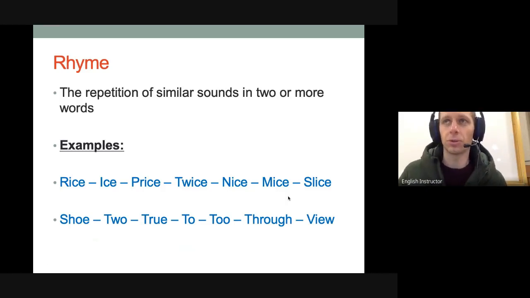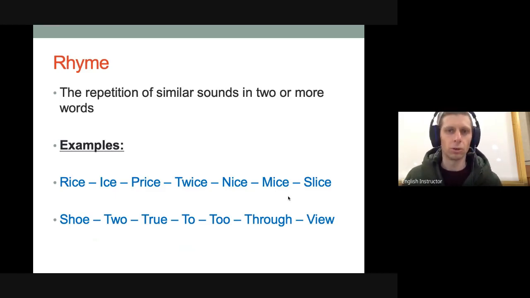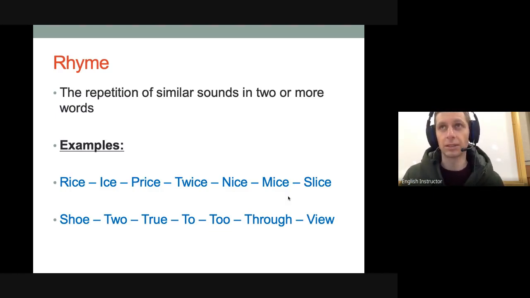And so that can be useful if you're trying to put more of a musical or lyrical flow to your writing. Again, not as useful in essay writing, but definitely a literary device to be considered. Especially because if you rhyme on accident, it can sound a little weird when you're rereading it later. You might need to change a word because you don't want it to sound like it rhymes, because it takes away from how serious maybe your argument is.